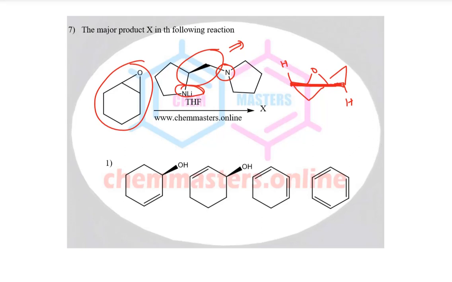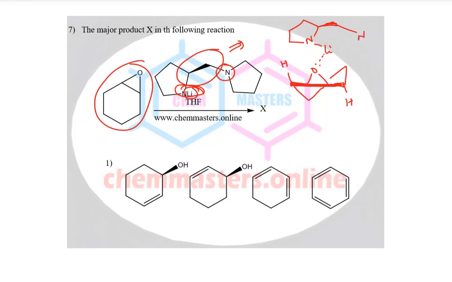Now here we have lithium, right? And that lithium interacts with the epoxy oxygen, and it is in contact with the nitrogen. So just draw it.